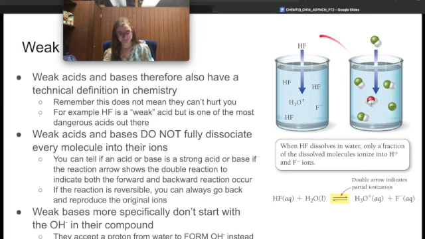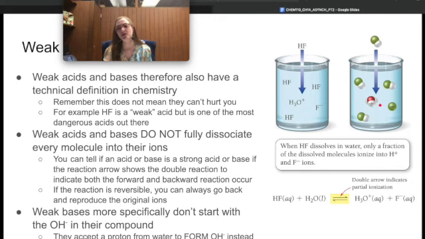So if you check this out here, we have HF being put into our beaker. We see that it does form some H3O+ ions and F- ions. However, there are some actual HF compounds left. And then if we look at a drawing or picture of it, we have this light green here, fluorine, and this H attached to it, this hydrogen, so we have HF.